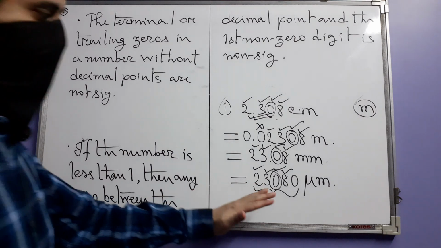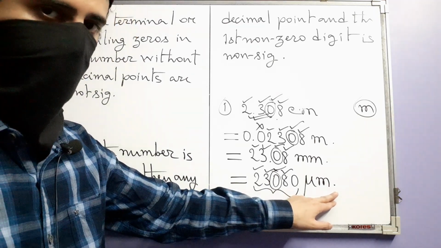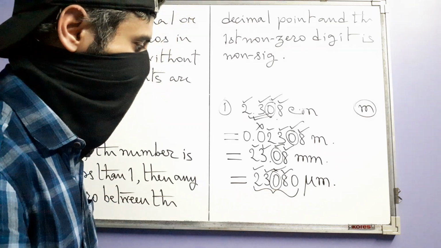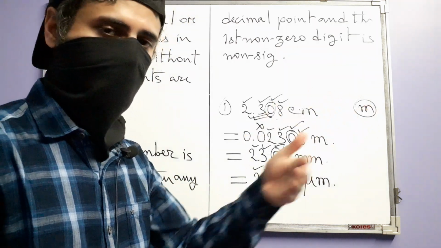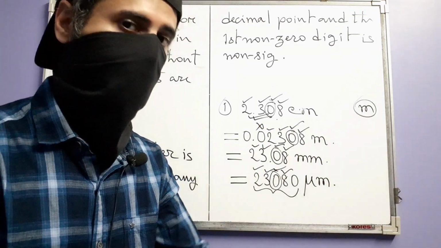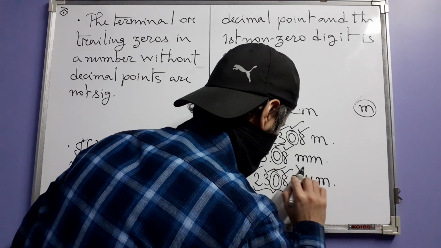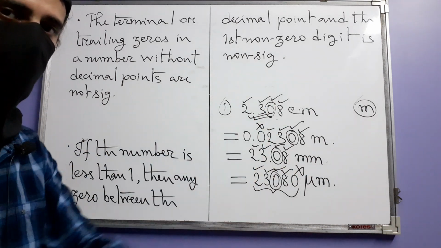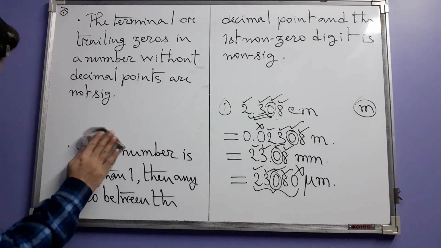Say your number does not have a decimal point, like this last one in the unit micrometer or micron, 23,080. Trailing zero or terminal zero means the zero that comes at the end of the number. In this case, there is only one such zero. That is not significant. Okay, and this will soon cause further confusions. But anyway, there is one more rule. Let's see that also.